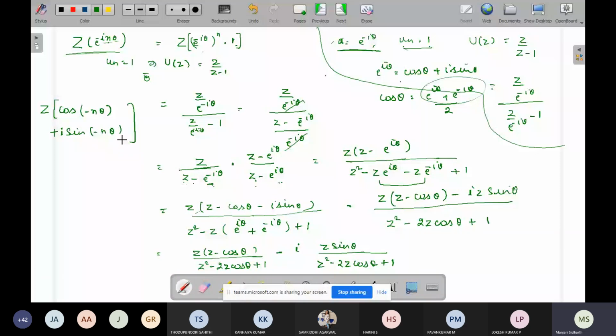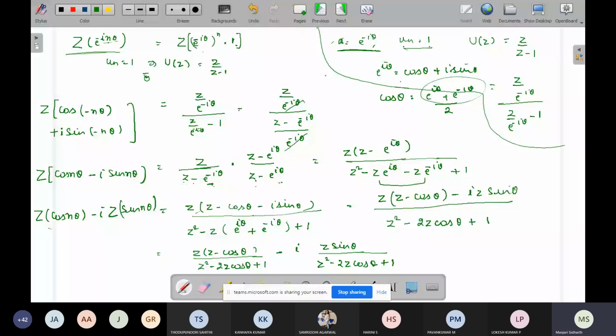This is your LHS. Now cos of minus theta, fourth quadrant, positive. That means Z transform of cos n theta. Now sine of minus theta is minus sine theta because it is an odd function. Now because we have read the linearity property, we can write this as Z transform of cos n theta minus i into Z transform of sin n theta.